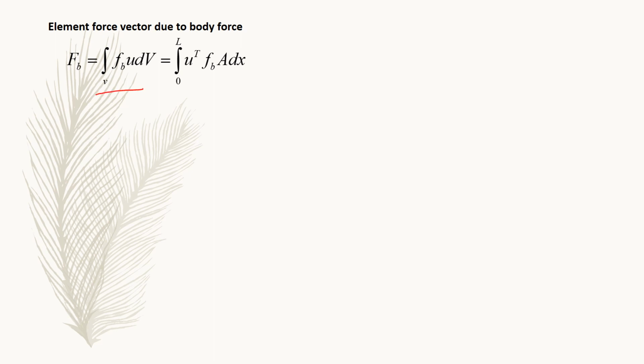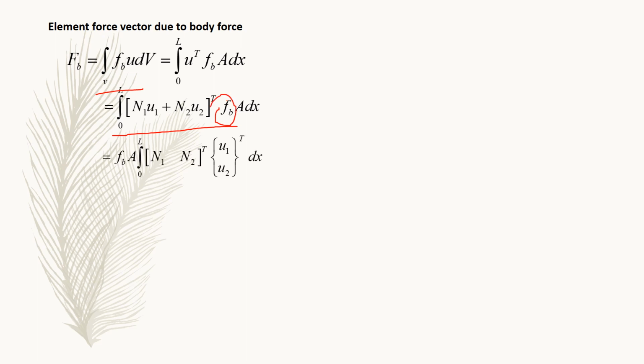So this one, once again in terms of its matrix transpose, we form it like this. And then we know this U transpose, N1 U1 N2 U2 transpose body force. This one is body force into area into its dx. So substitute this N1 N2 and separate the matrices and vector like N1 N2 and U1 U2.